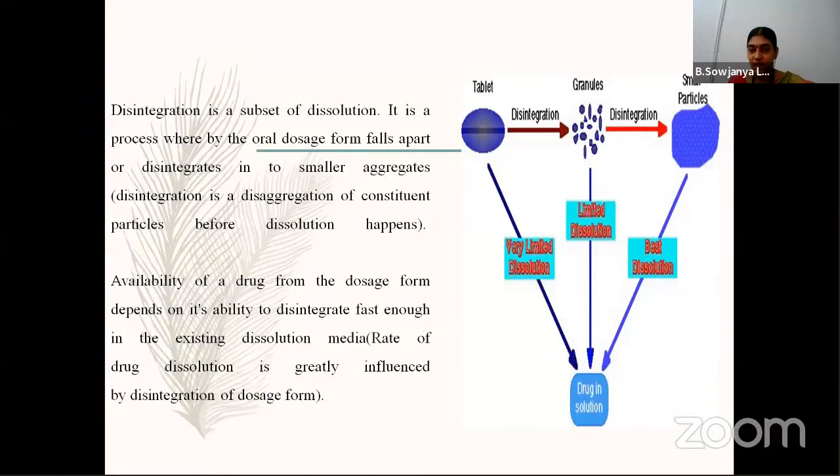So disintegration plays a key role in increasing drug dissolution. The availability of the drug from the dosage form completely depends upon the ability of the drug to disintegrate faster and exist in the dissolution medium. The rate of drug dissolution is greatly influenced by disintegration of the dosage form.